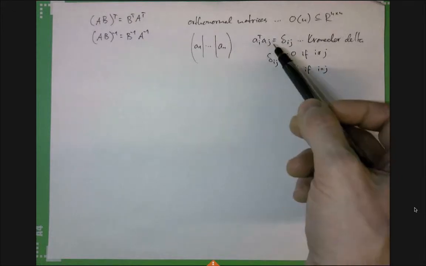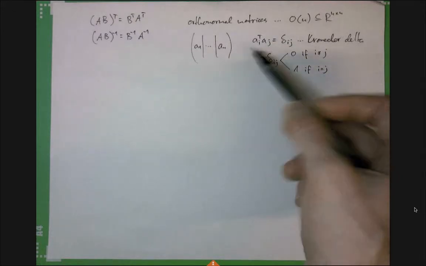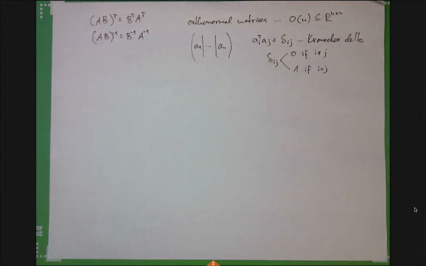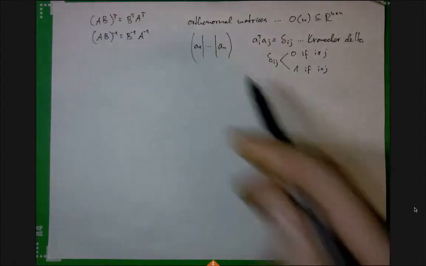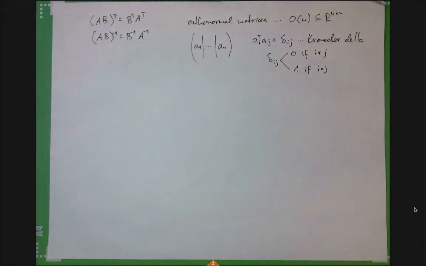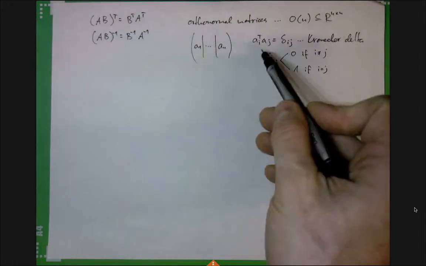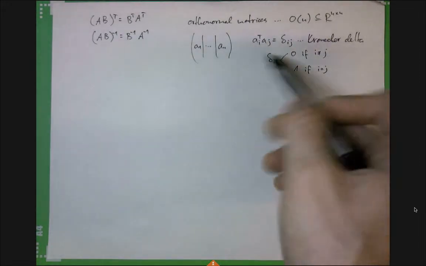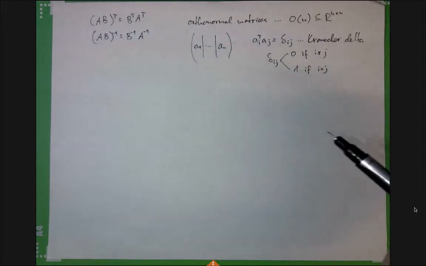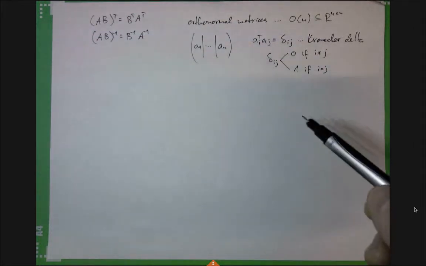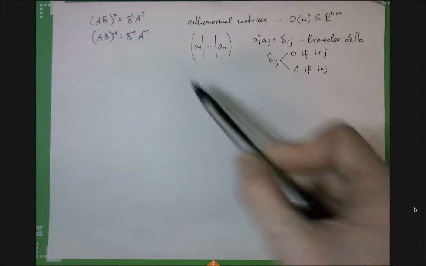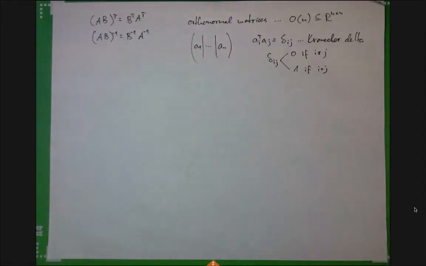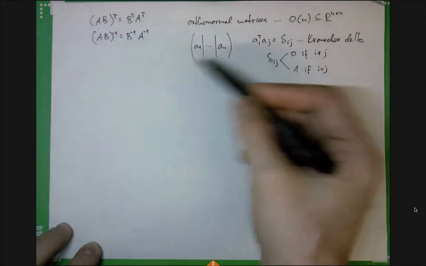And if i and j are different indices, then it's 0. If they are different, 0 means they are orthogonal. And the fact that a_i^T a_i, that's the squared norm, the length, right, is 1 means the length is unit. That gives it orthonormality. So this is how orthonormal matrices were defined.